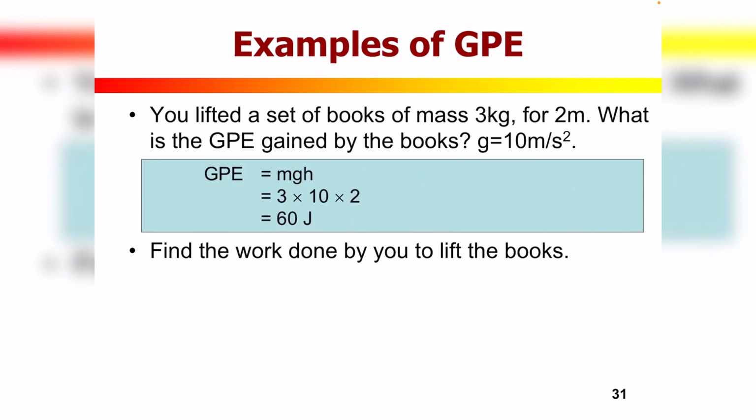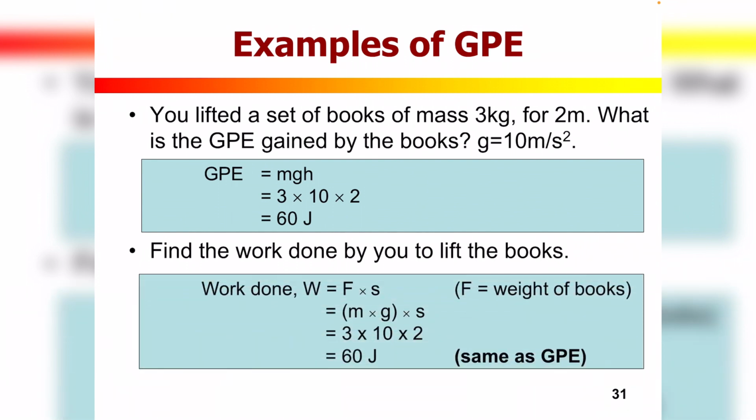So here are some situations in order for you to get the GPE of the object. So the work done when you lift the book is also the same as the GPE gained by the books when you lift it at a certain height.